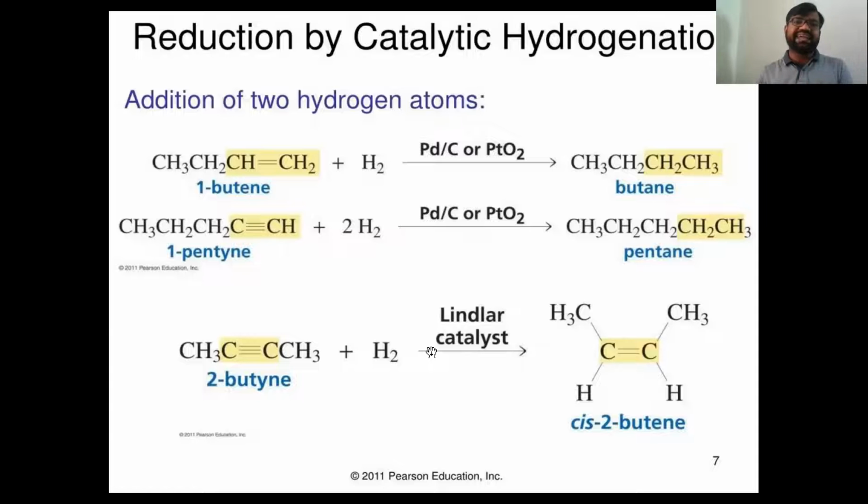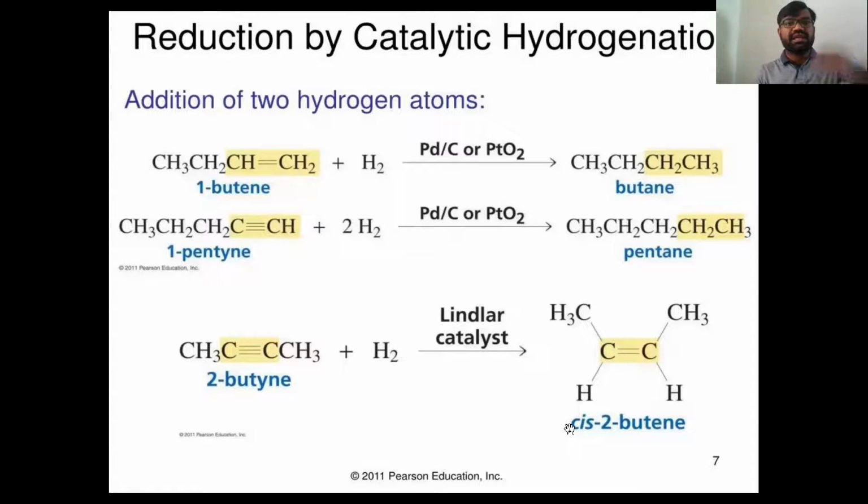So Lindlar catalyst has a specific mechanism where the hydrogen atoms are added across the same side. Right? Both hydrogen atoms will add from the same side, so these are basically termed as cis.